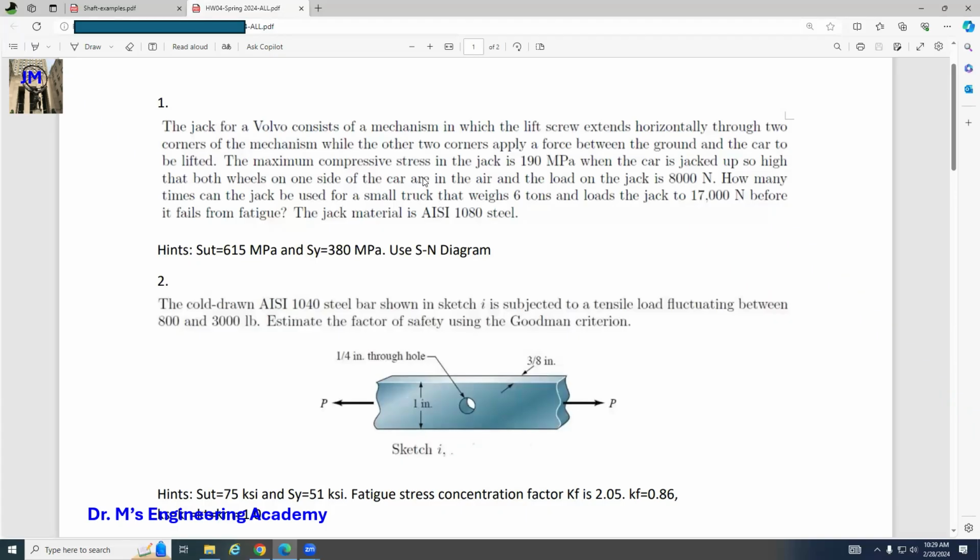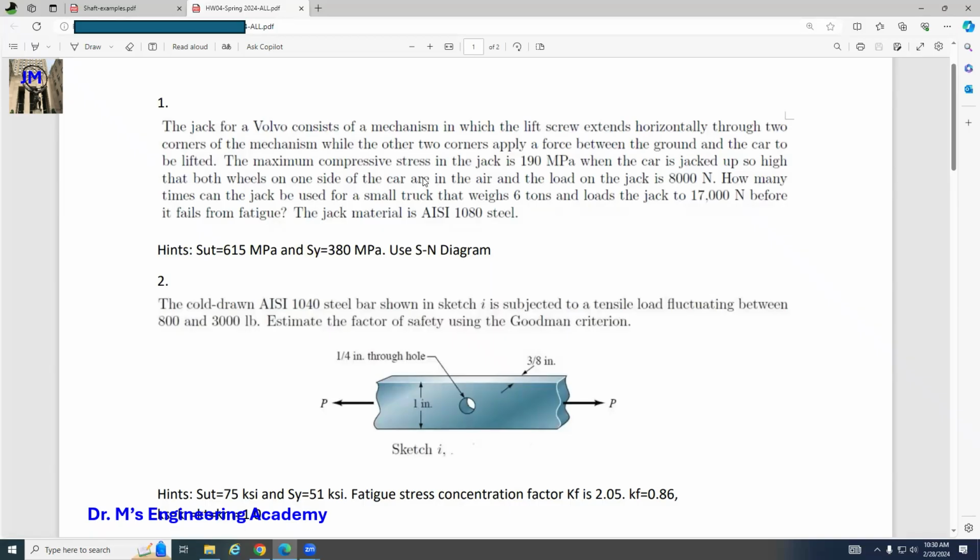The fluctuating problem, problem 2. The fluctuating load is from 800 to 3,000 pounds of force.